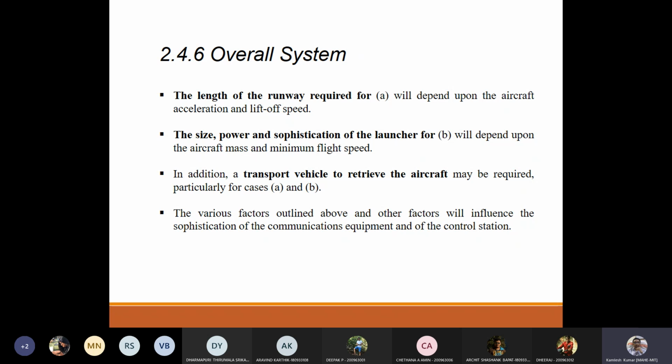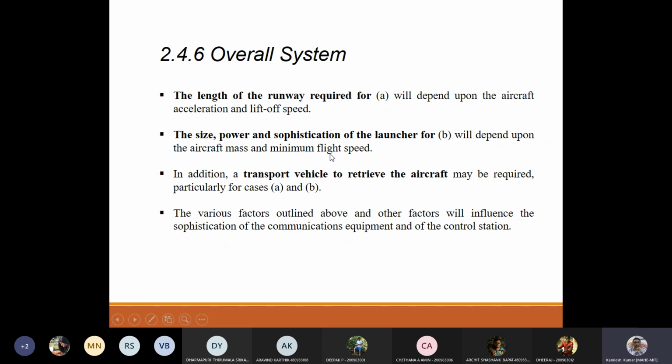Then that speed should reduce further when touching the ground, correct? It means you should have enough runway after touchdown point. So all these activities depend on either the takeoff speed or the landing speed. They determine what runway is required.